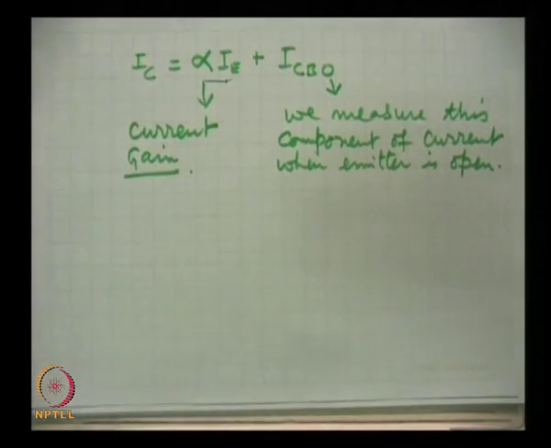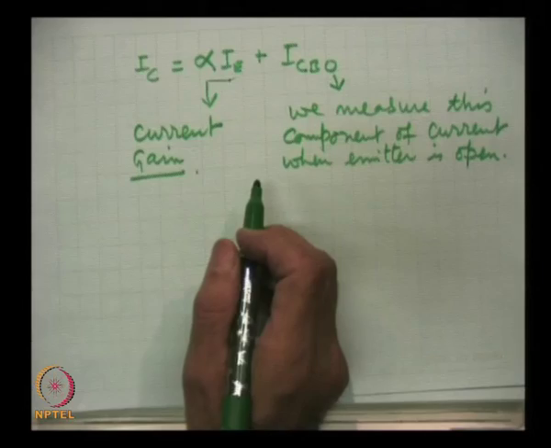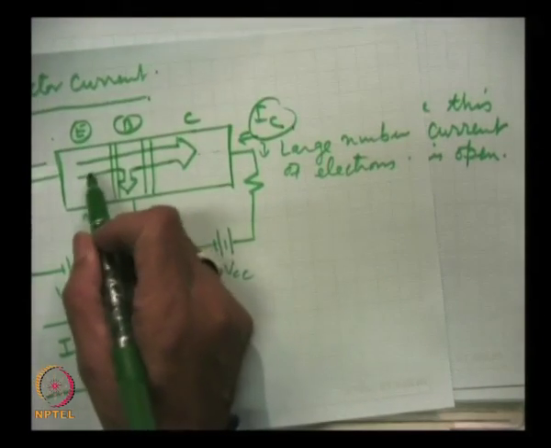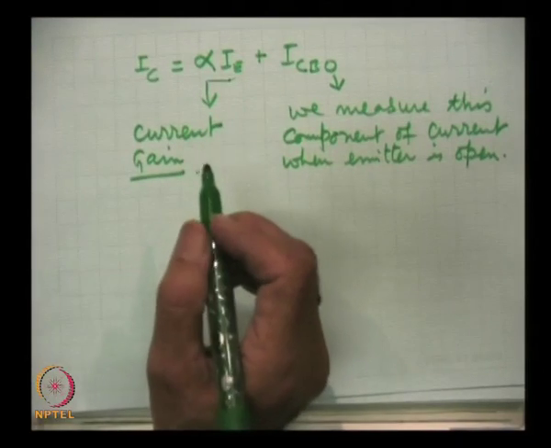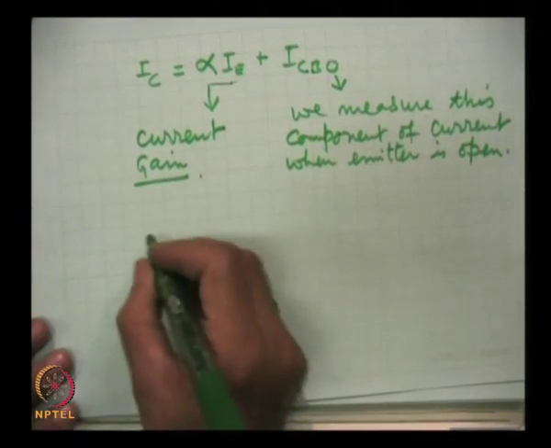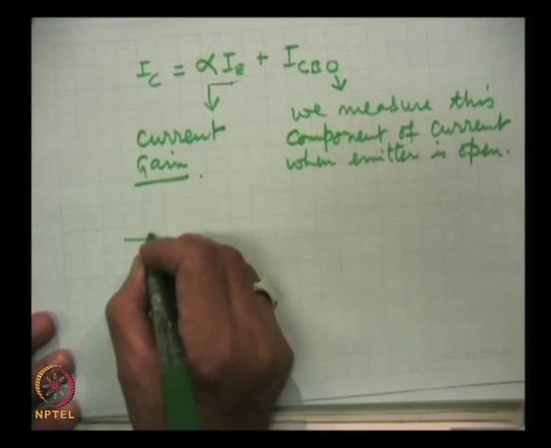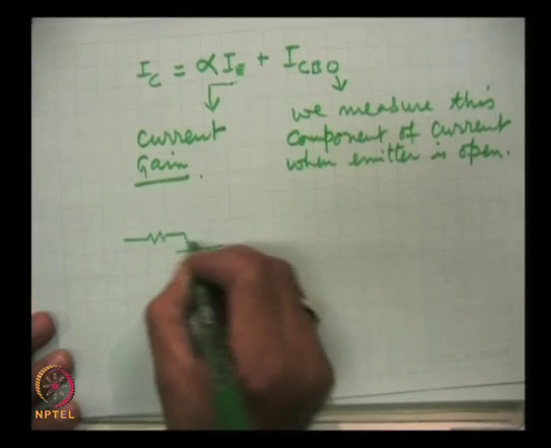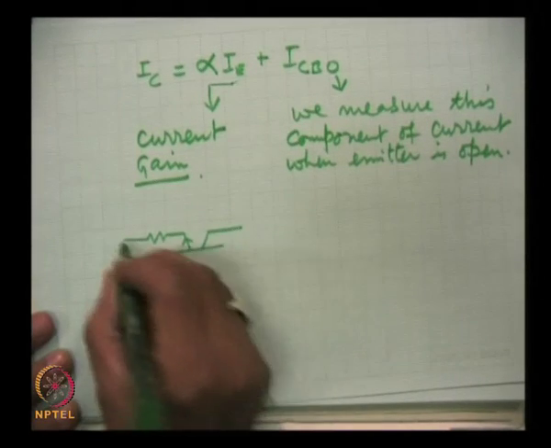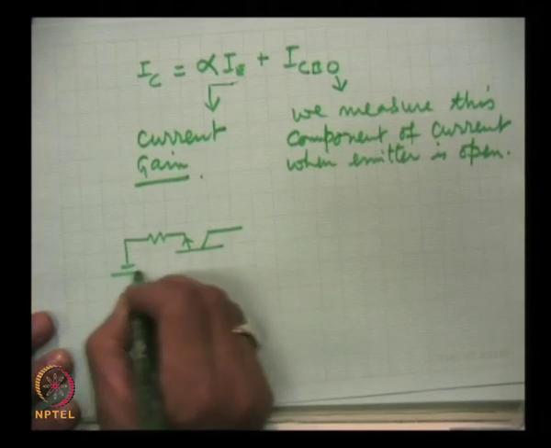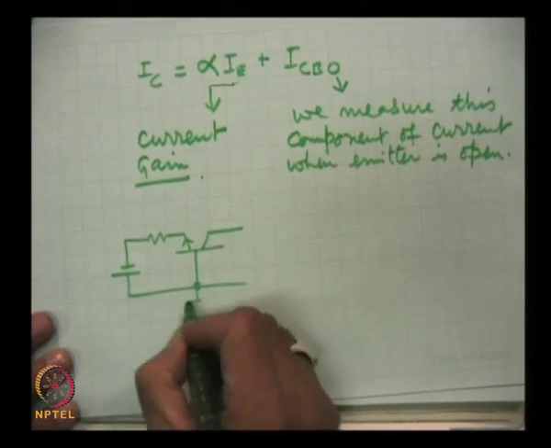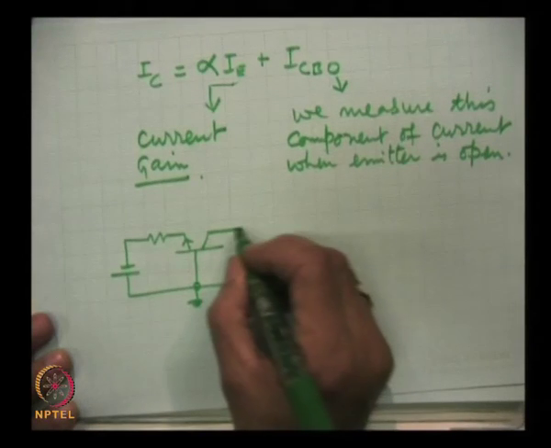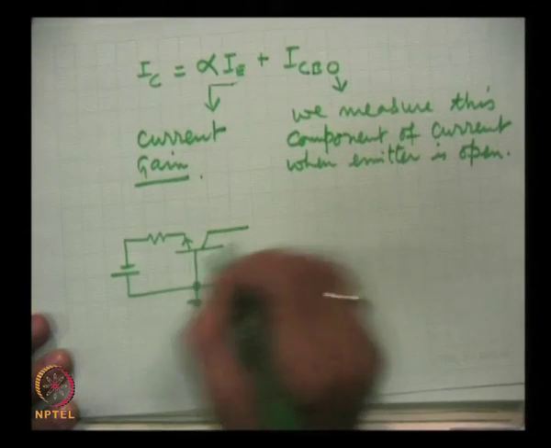This was about the 3 currents. I was drawing block diagrams taking this NPN transistor. I can draw a circuit for it, and it will be like this. Actually, the base is many times grounded when it is in this configuration.